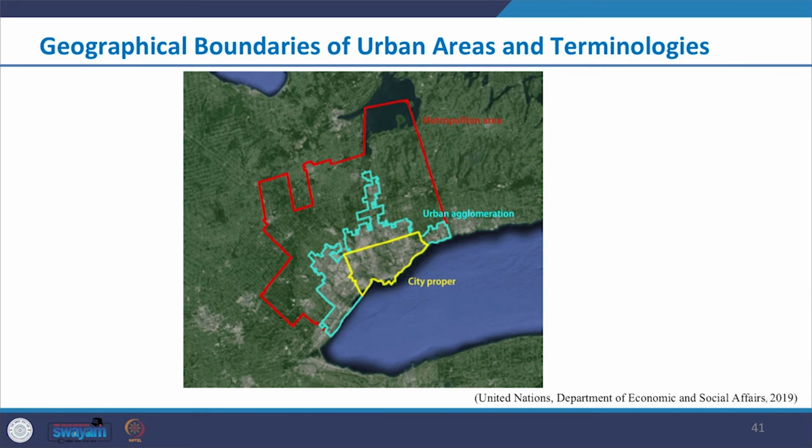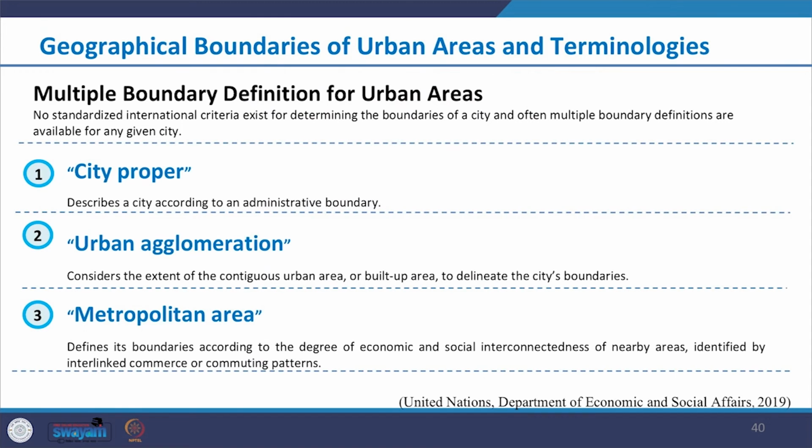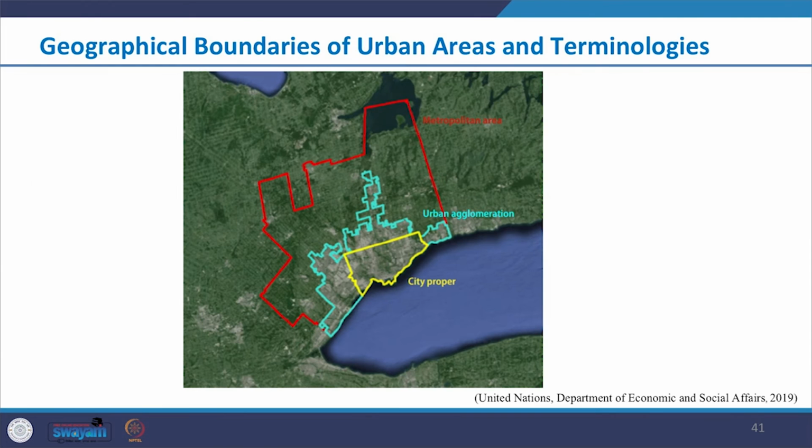The bigger area compared to that is called the metropolitan area, and this boundary is defined according to the degree of economic and social interconnectedness of nearby areas. These places are socially and economically integrated with the main core area, and based on that, the metropolitan area is identified.